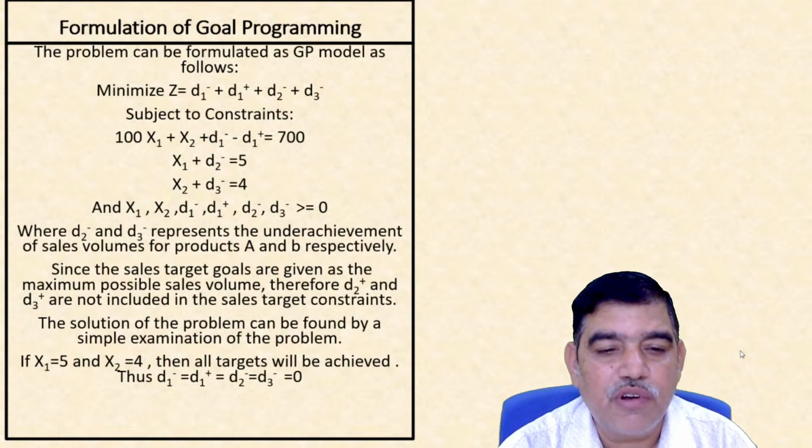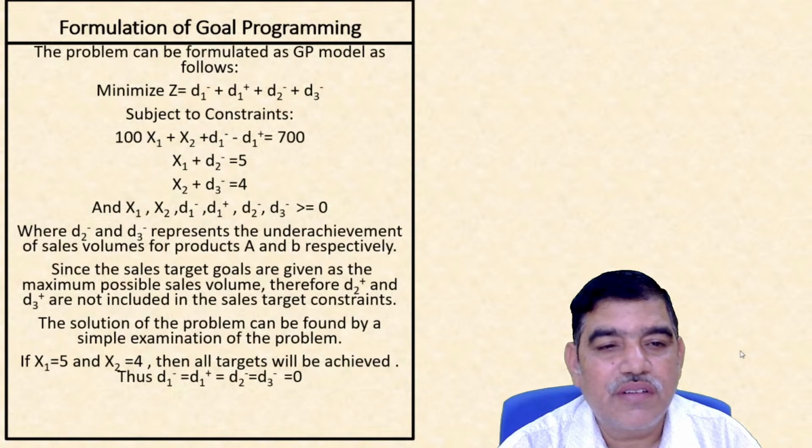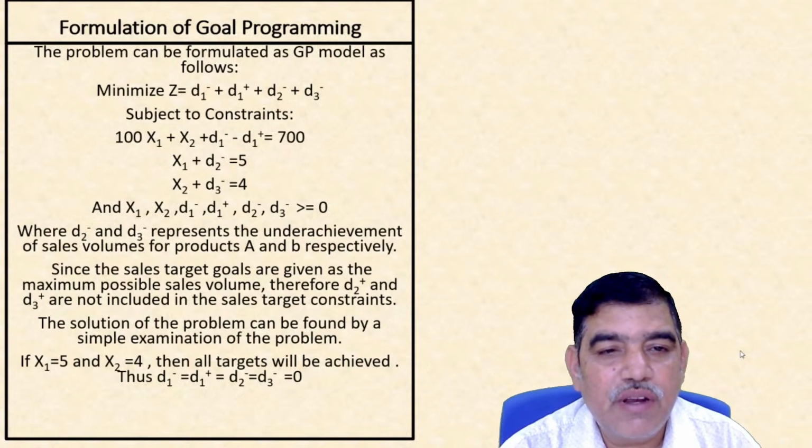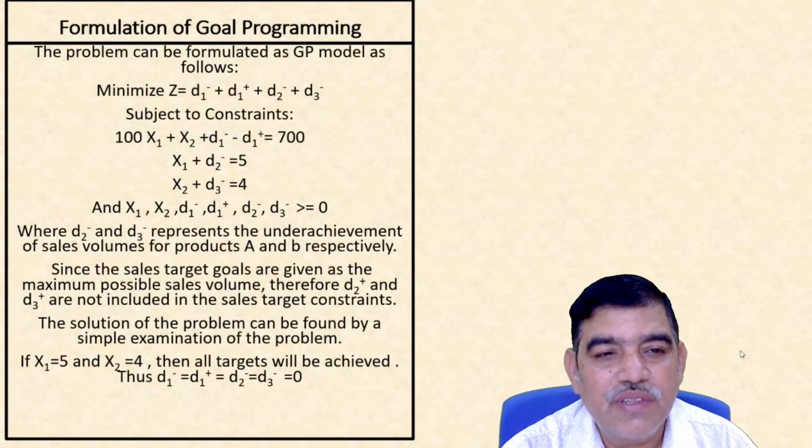The solution of the problem can be found by a simple examination of the problem. Very simple, because if we avoid D1 negative and D1 positive, as in the previous example, we get the X1 value. If X2 is 0, then X1 is 7. If X1 is 0, then you get a different value of X2. So here also, the solution can be found by simple examination.